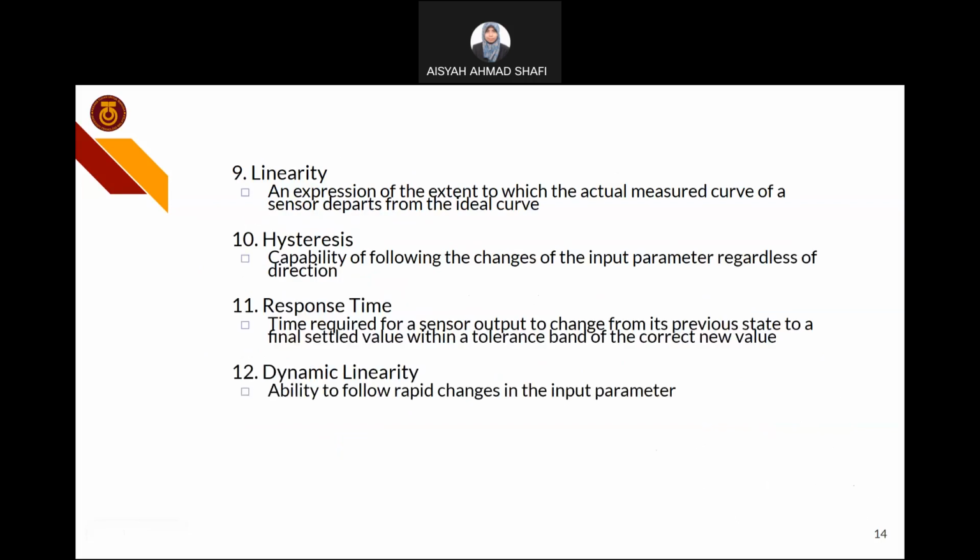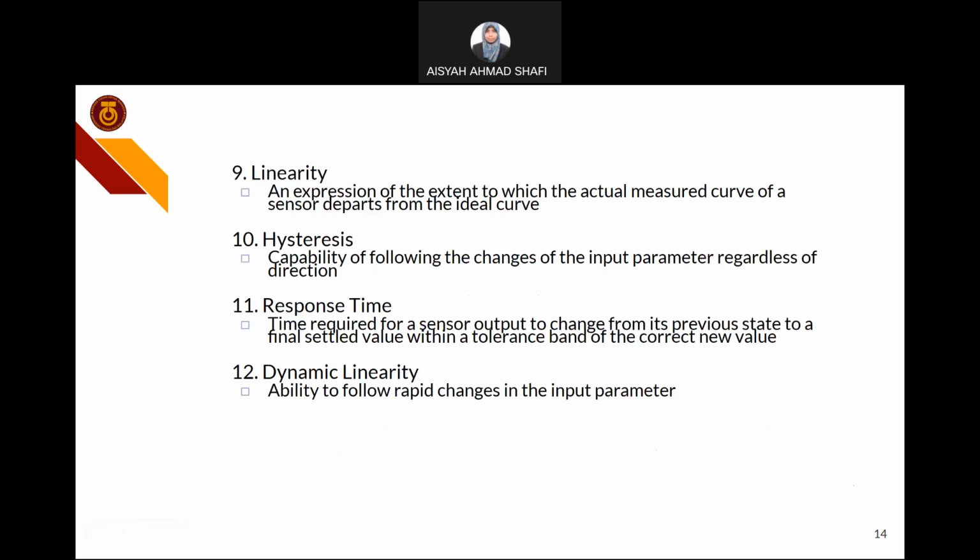And linearity is an expression of the extent to which the actual measured curve of the sensor departs from the ideal curve. For every medical device we have the ideal curve, but if the actual measured curve is different from the ideal curve, we call it linearity.